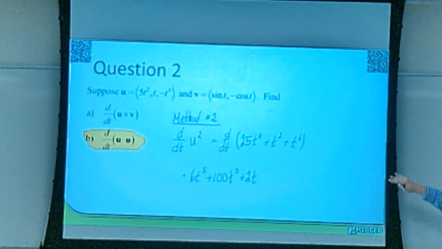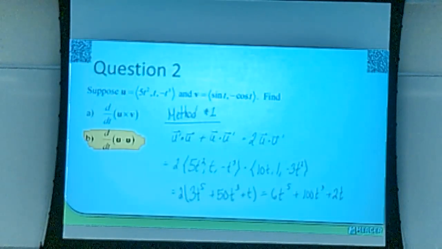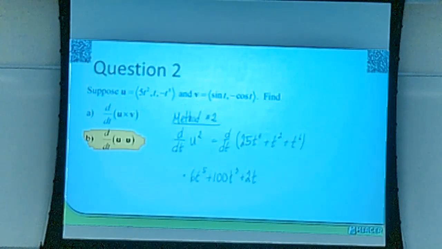This is definitely the preferred method here. Definitely a lot easier. But again, you could also just do the dot product rule. And this is why I say in general I don't use the product rules. Even the scalar product rule, I tend to just distribute that scalar first.